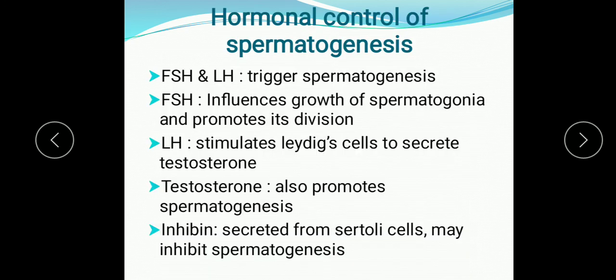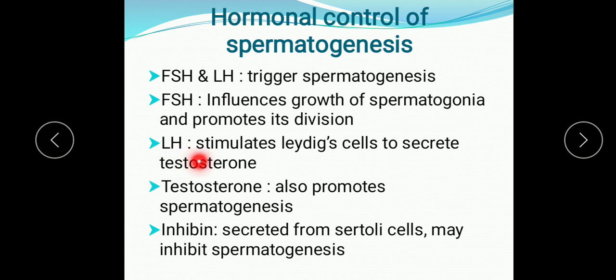And the hormonal control of spermatogenesis, as I explained to you already along with the process, let me revise it once. The two hormones FSH and LH, which are secreted from the pituitary gland, are gonadotropin hormones, and they directly influence the process of spermatogenesis. They trigger spermatogenesis. FSH influences the growth of spermatogonia and promotes division.